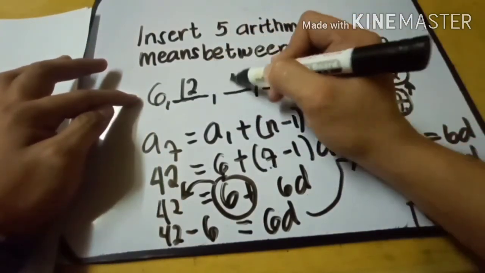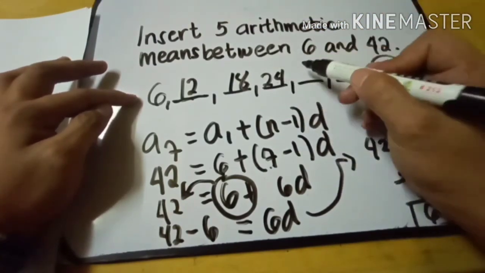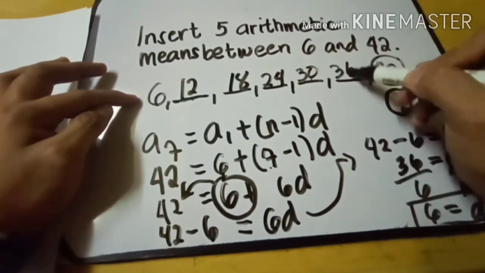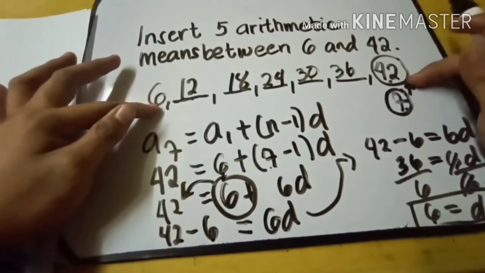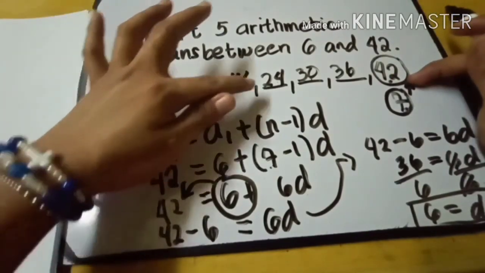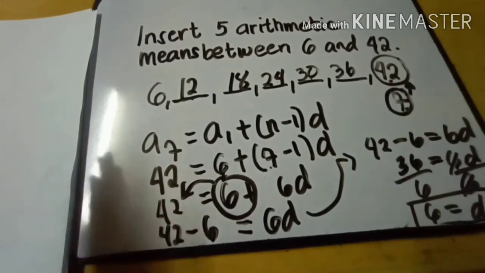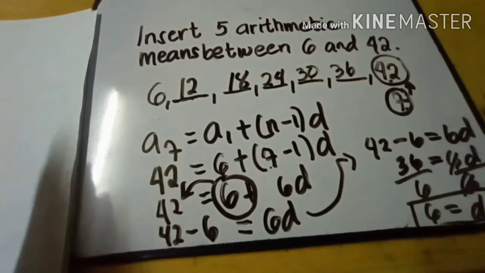Then 12 plus 6 is 18. 18 plus 6 is 24. 24 plus 6 is 30. And 30 plus 6 is 36. Then 36 plus 6 is 42. So therefore, the 5 arithmetic means between 6 and 42 are 12, 18, 24, 30, and 36. So that is the way of getting the arithmetic means of the given arithmetic sequence.